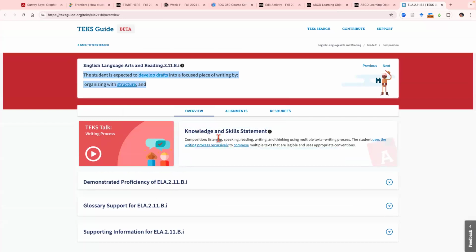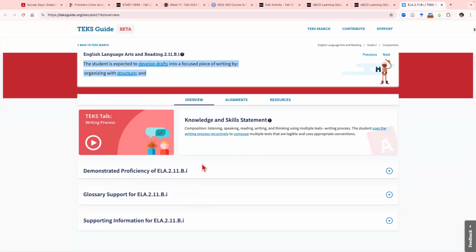Then you have some explanation of what it means and what the terms are, what it looks like to demonstrate proficiency, which is extremely important, especially when you're looking at assessment. And then it's the writing process video, because this falls into the realm of the writing process. And I cannot stress how important it is to really understand what all of that means.